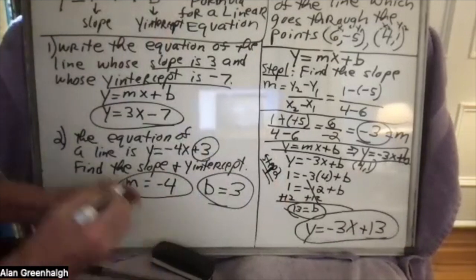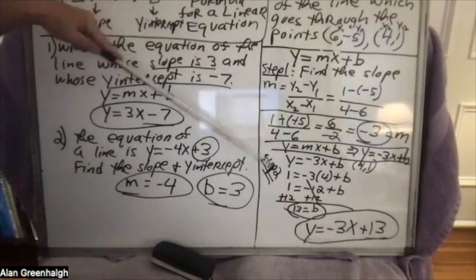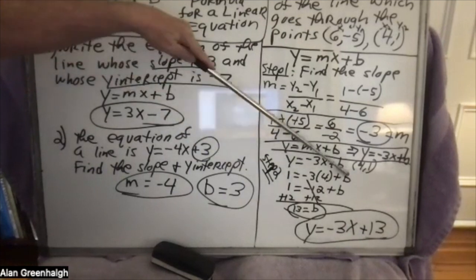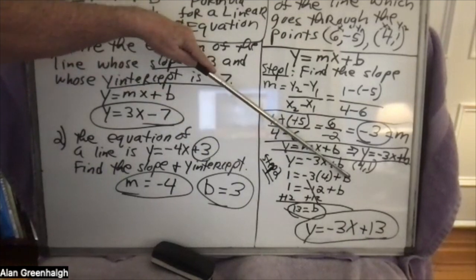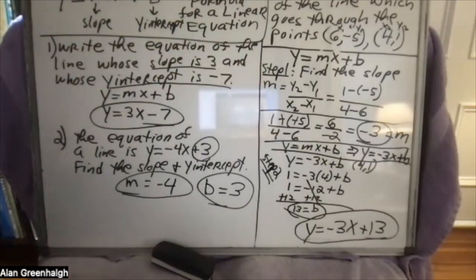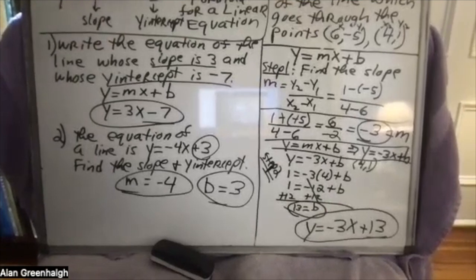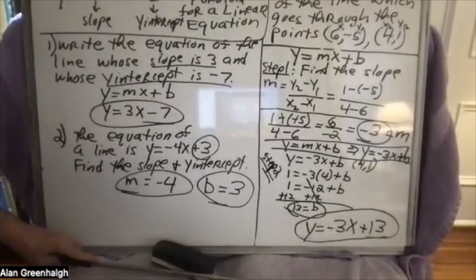So step 1 is finding the slope. Step 2 is figuring out what b is equal to, and then putting it all together. That was the original question: find the equation of the line which goes through the points (6, -5) and (4, 1).